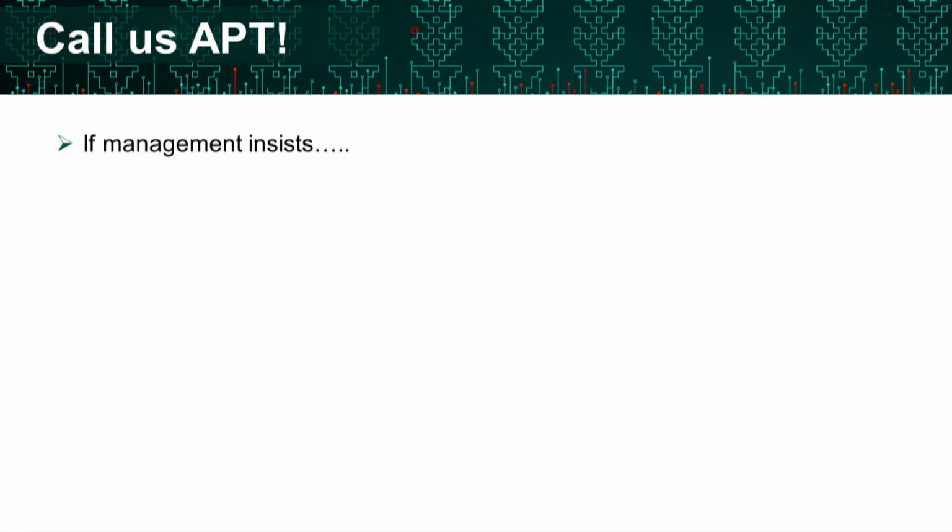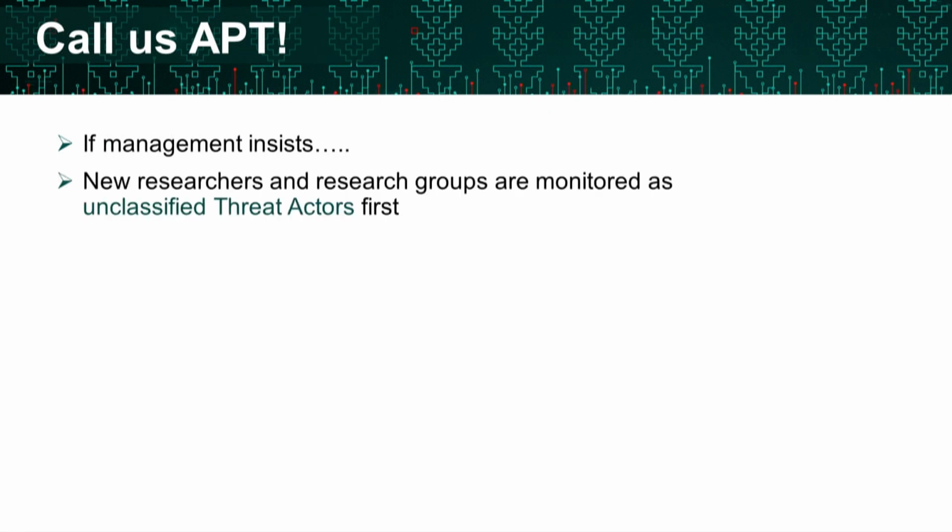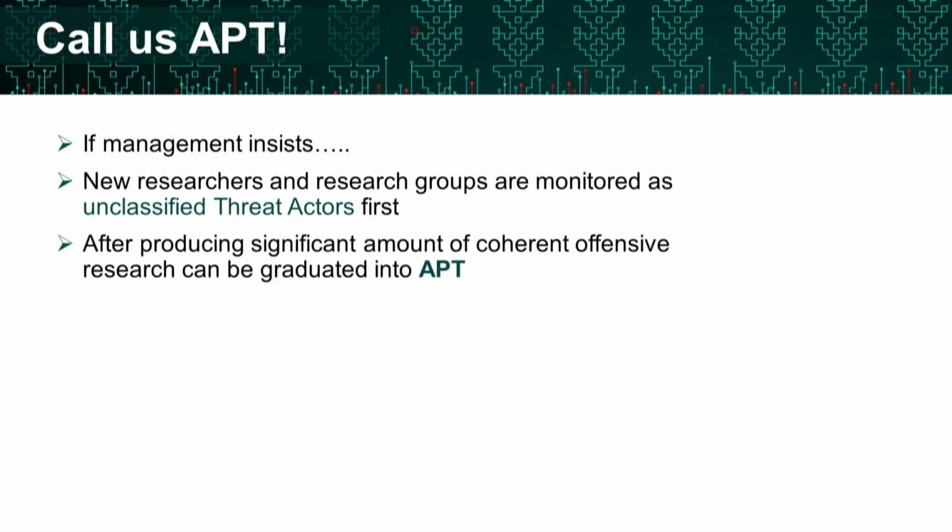How about we call us researchers an APT, if management insists? Then you can have all of this traditional threat intelligence and attribution game, like, for example, new researchers and research groups are monitored first as unclassified threat actors. And then after producing a significant amount of coherent offensive research, you can graduate them into an APT.